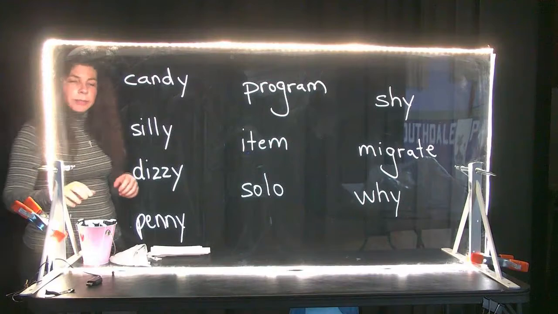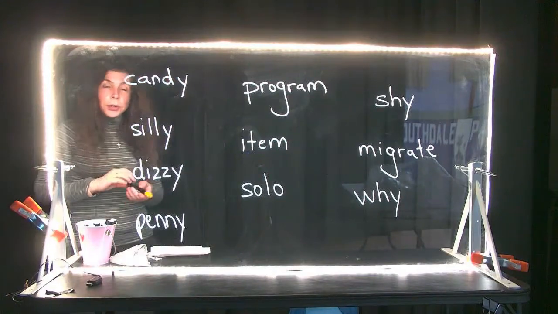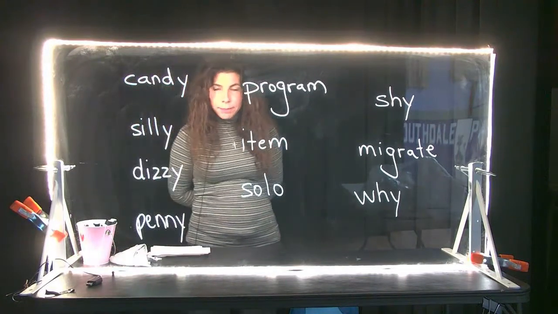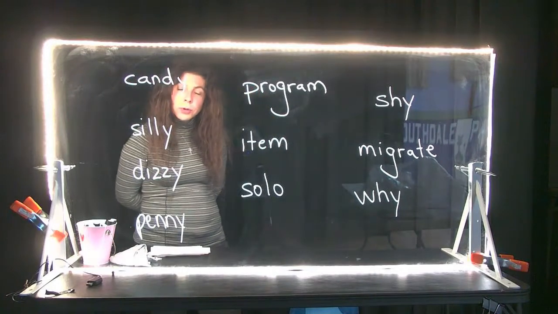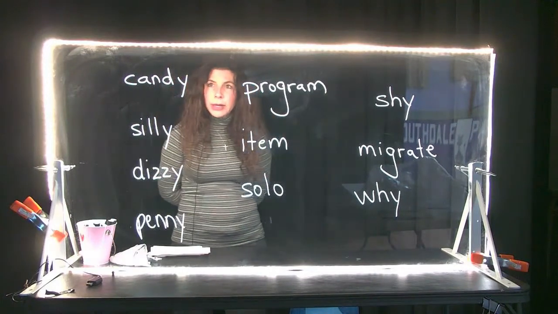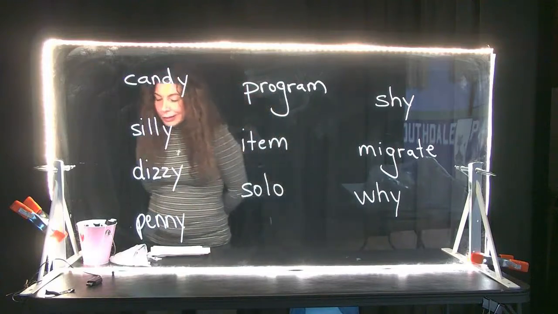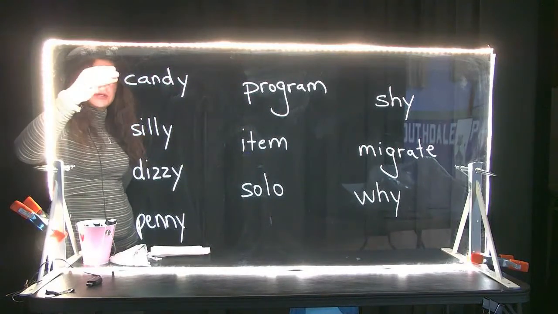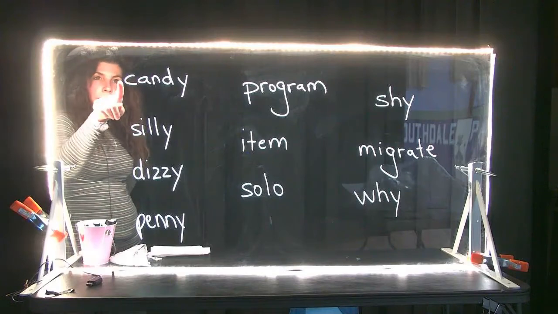So third grade, on this board, I have written words that all have an open syllable in them. So let's look at this first word. Well, first off, can you say these words? Can you read these words?